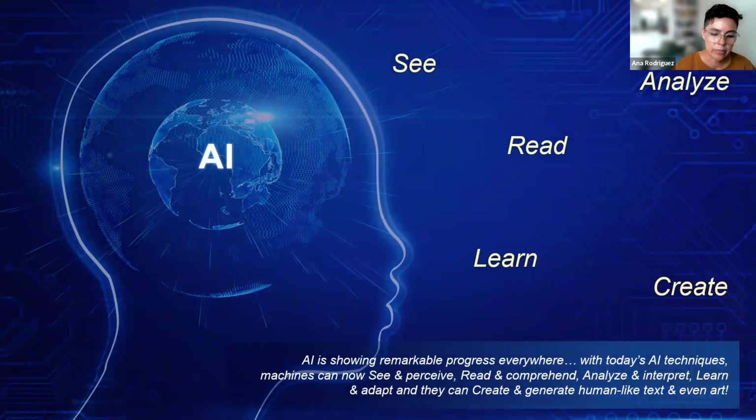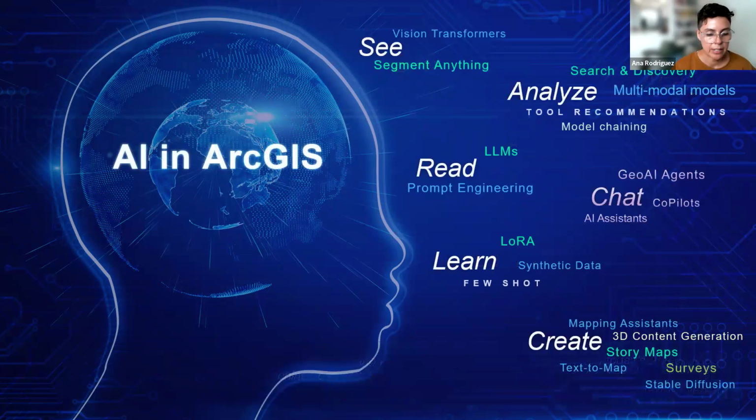We've shown this slide for the last few years now. I don't know if you've seen this, but since then, there have been many rapid advancements within the AI landscape in ArcGIS, and we just continue to make remarkable progress in this area. We've had things like vision transformers, segmentation, again, those large language models that you're going to keep seeing.